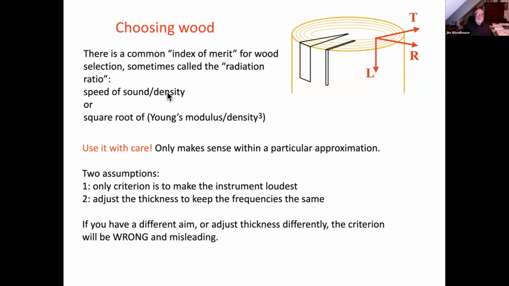There will be a criterion involving Young's modulus and density, but it won't be this one. It won't be Young's modulus over density cubed. So if you don't follow both of these assumptions here, then this criterion in its strict sense will not be true.